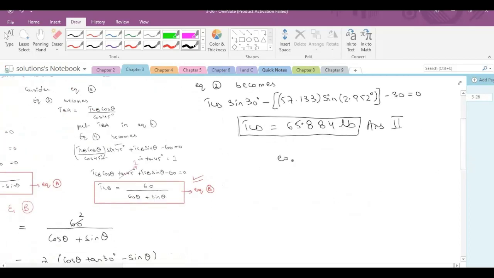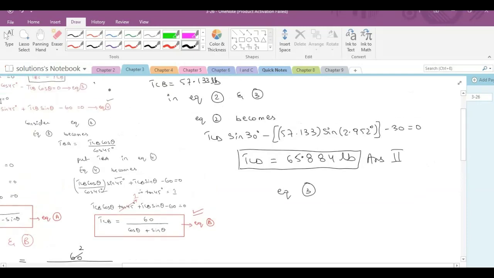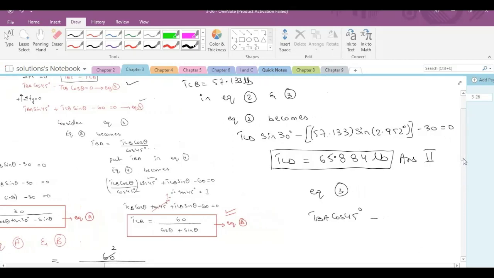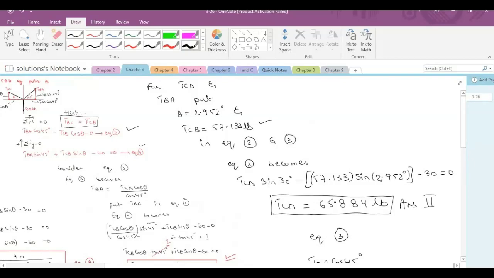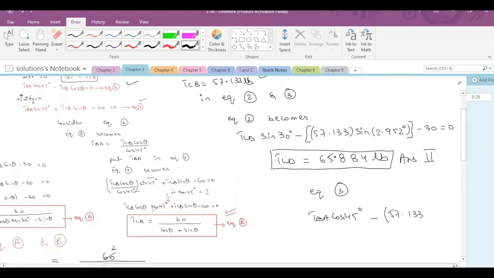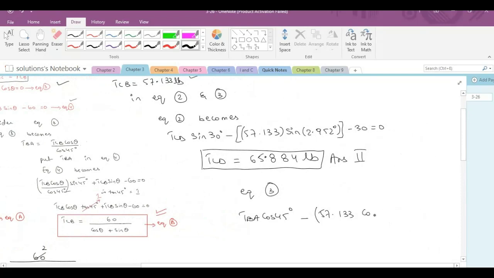Now consider equation 3, this equation right here, this one. Take a look at it. So we have TBA cos 45 degrees minus, now we know that value of the TCB, the value is 57.133 lbs. So 57.133 lbs and then multiplied by cos theta, and theta is 2.952, we just have found, equals to 0.